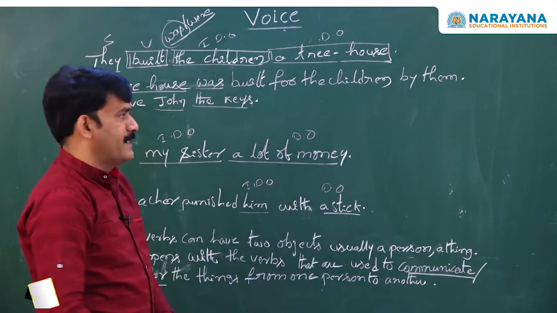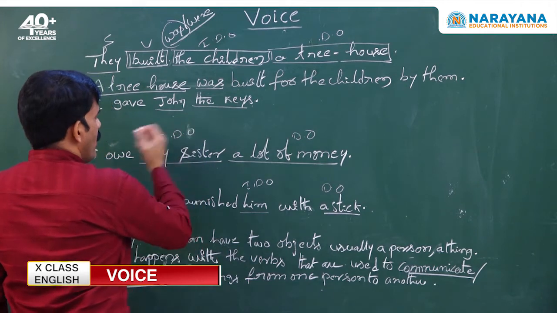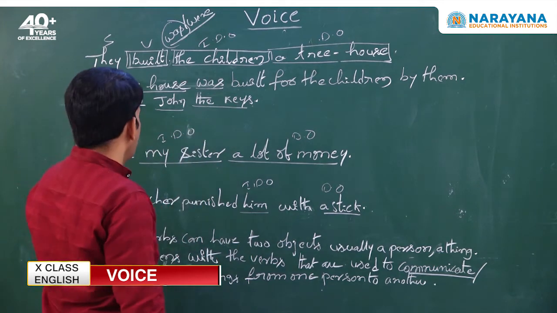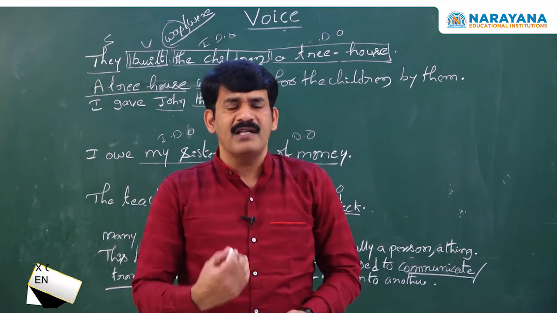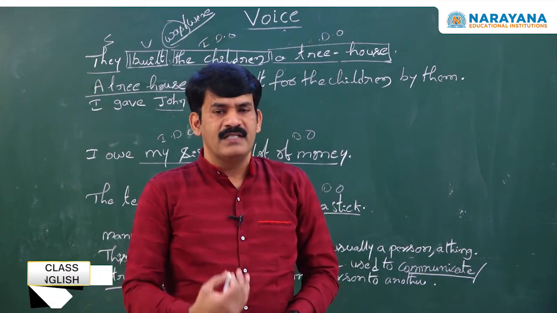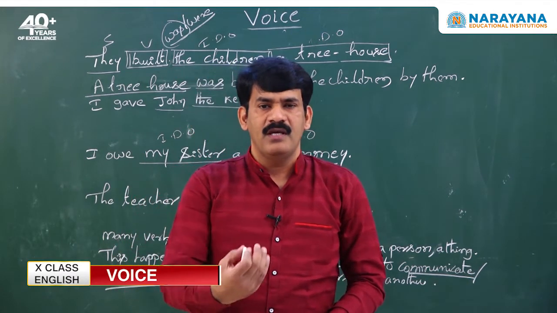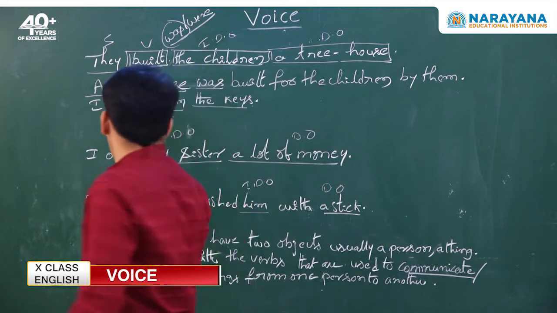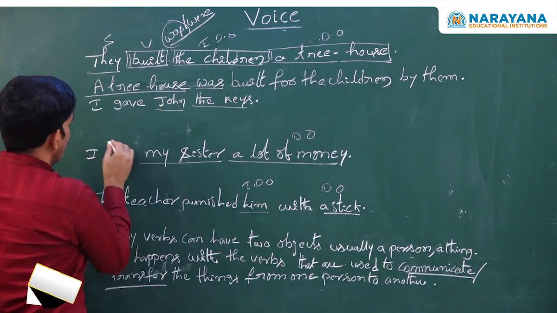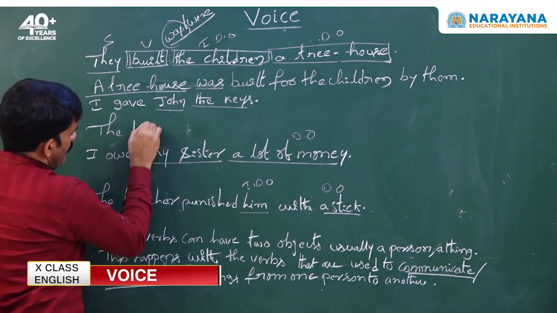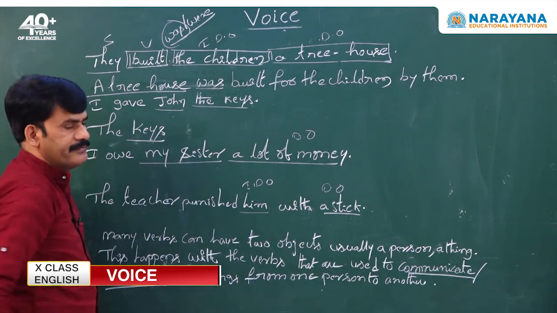Let us see the second sentence. I gave John the keys. What is the importance of talking about John? Because I gave the keys. Keys are given importance. That is the reason why we need to start the sentence again with keys in passive voice. So I take keys as the subject of passive voice. So the keys, plural or singular?